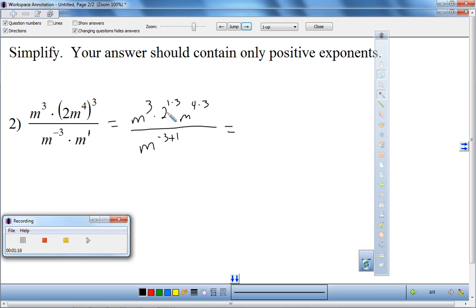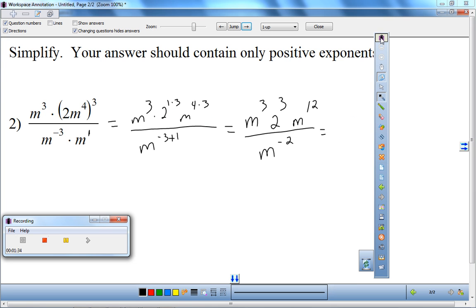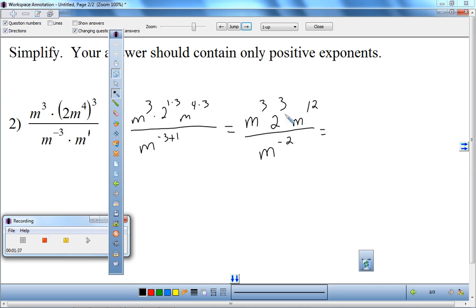Alright, so I'll go step by step. M to the third, 2 to the third, m to the 12th, over m to the negative 2. Combine these based on their signs, multiplying these two together. So 2 cubed, 2 times 2 is 4, times 2 is 8.